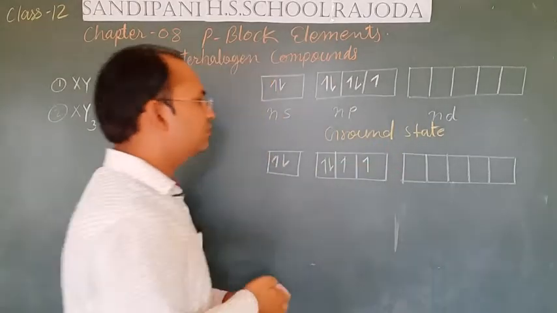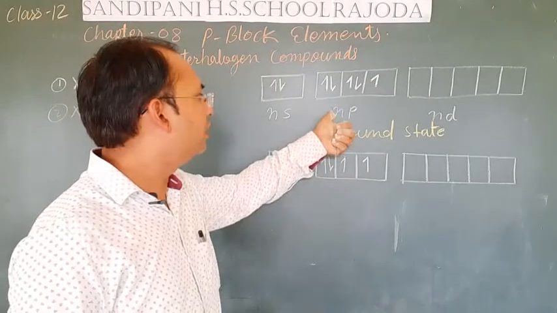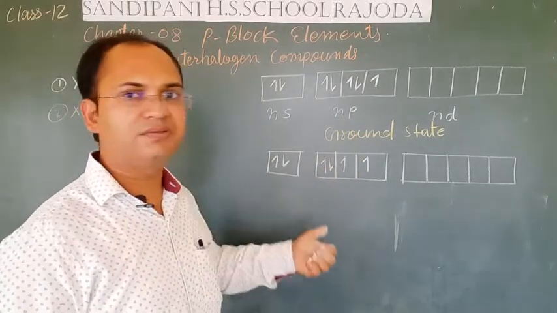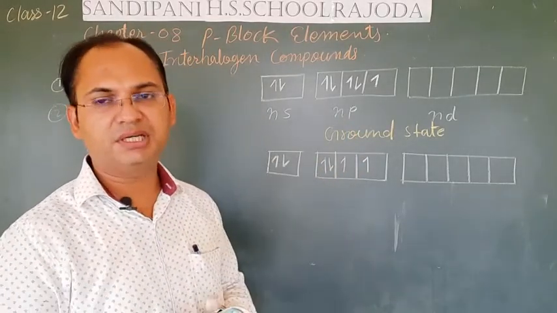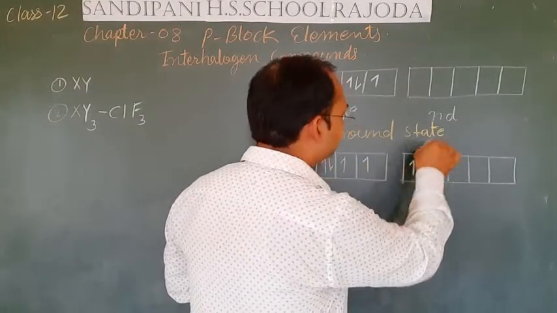Here, students, when one electron gets excited from the np, or here in the case of chlorine from the 3p shell, then it jumps into the vacant d orbital.